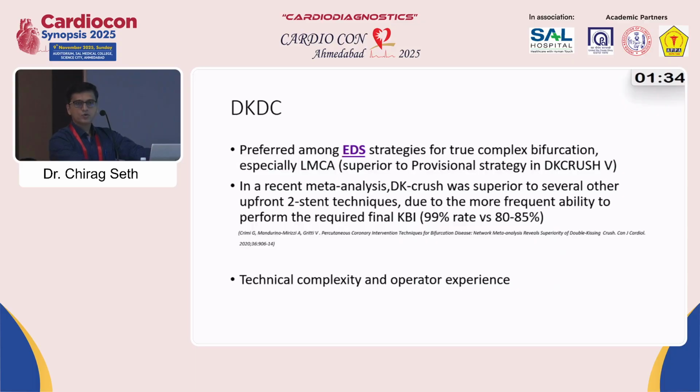From the DK crush group of studies, DK crush 2, 3, 5, all of them have favored that elective double stent strategy with DKDC is superior to all other modalities, including provisional stenting, in both subgroups of patients, that is left main as well as non-left main. So when we go for elective double stent strategy, yes, double kissing double crush is supposed to be the strategy of choice. Of course, it is technically a little more complex, and operator experience definitely needs to be built up.